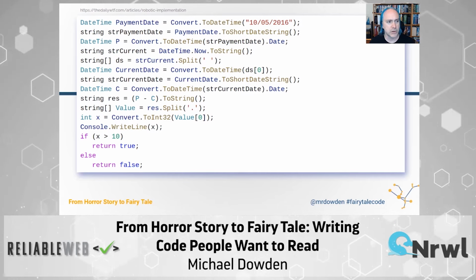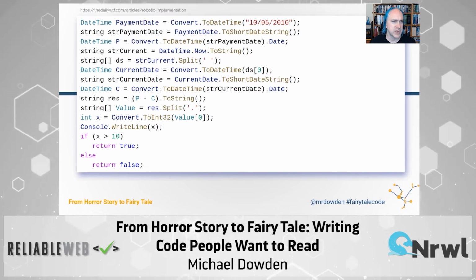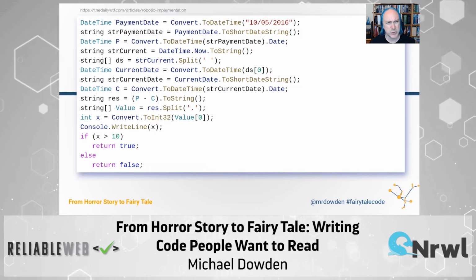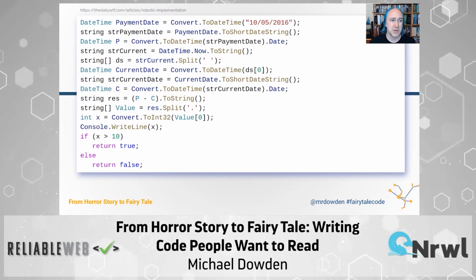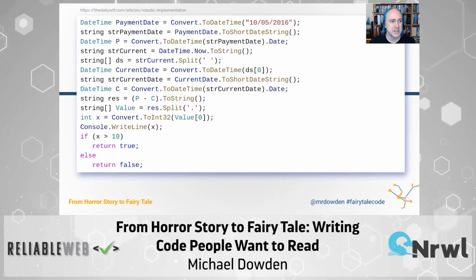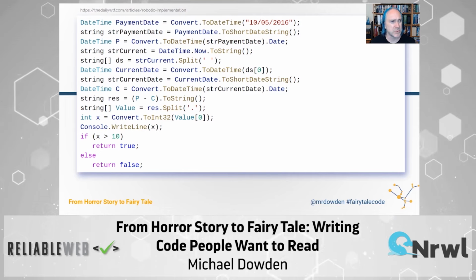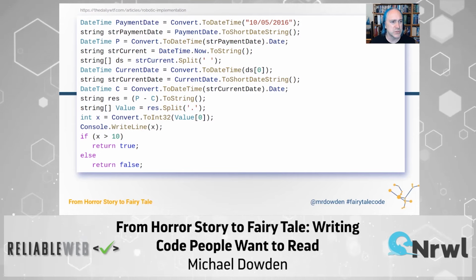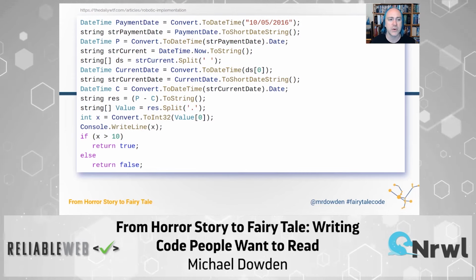It's a hard-coded string. And then you're converting it back into a string of a different format, potentially, although short date string. The original string looks like it's a short date string, so maybe that's all redundant. And then we're converting that back to another datetime object in a different way, and we're doing a toString on that again, and then we're splitting that on a space, and what in the world is going on?